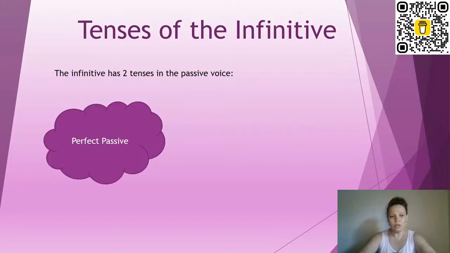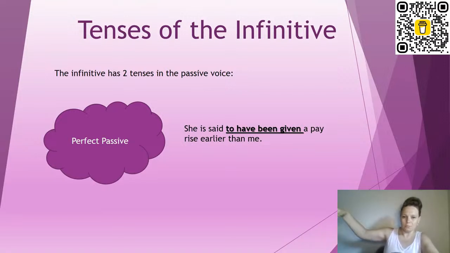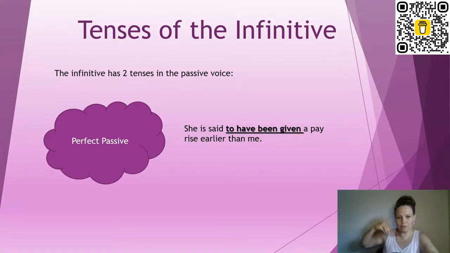And the second one, perfect passive. Also my favorite one. She is said to have been given a pay rise earlier than me. So here I used two passive constructions. She is said. She doesn't say it herself. Someone says about her. She is said to have been given, that she also didn't give a pay rise herself, but someone did it.